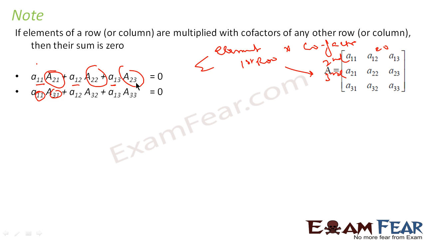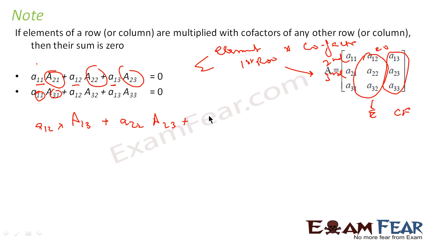For example, if I take it in this fashion, A12 into capital A13 plus A22 capital A23 plus A32 capital A33, where I take this for cofactor and this for element. So this also becomes 0. Just a note, please note this.